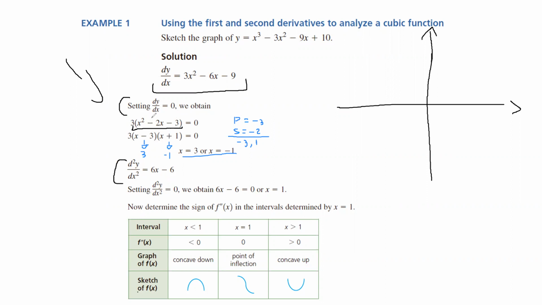Okay. So can you differentiate this for me? The first derivative? You'd bring the 2 over, so you'd get 6x, subtract 6, and then that's a constant, so that's just equal to 0. So you get that.